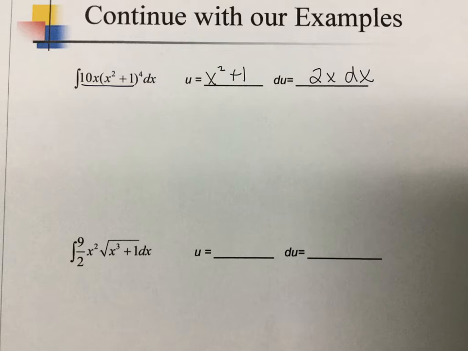Yes. Do I have my du in there? I do. I can't see it as plain as day, but I'm going to rewrite this as 5 times 2x times the integral of x squared plus 1 to the 4th dx. So that's my first step in the process: I identified my u and my du.